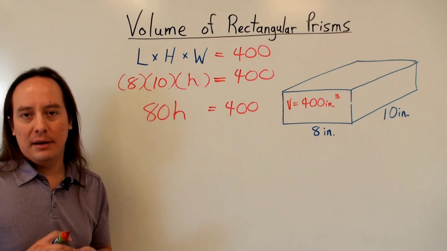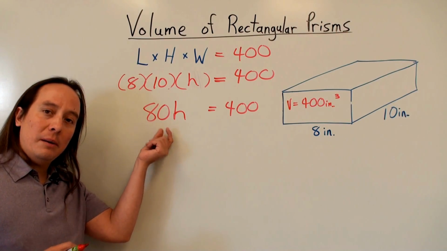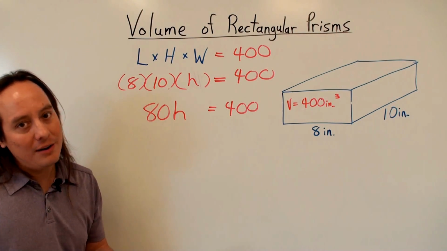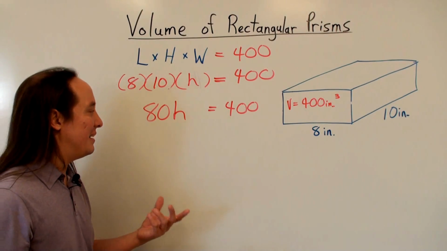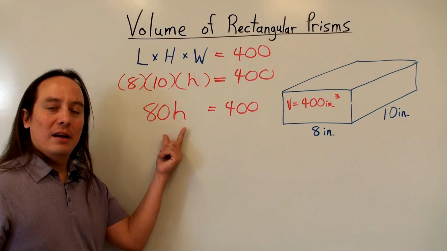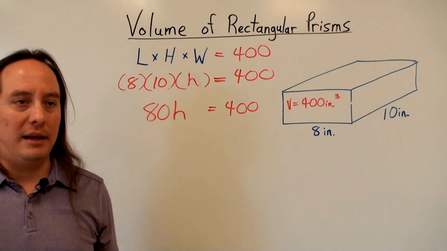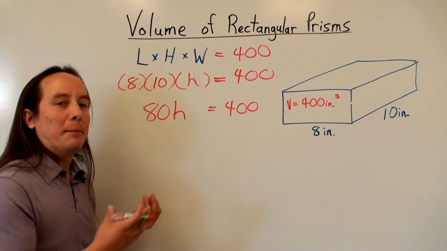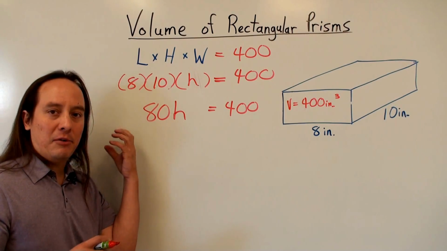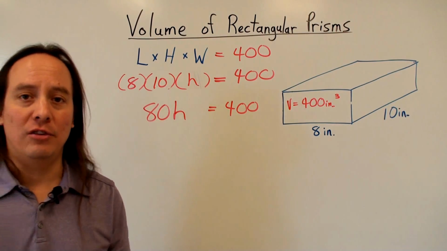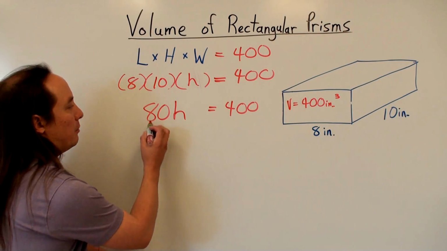Well, you have to understand that h is a number, just an unknown number, so when it's an unknown number we use a letter, but it is a number. When we have two numbers connected right next to each other, it means that they're multiplied. So to undo that multiplication and get the 80 separate from the h to be able to move it over here, I have to do the opposite operation, and that would be division.